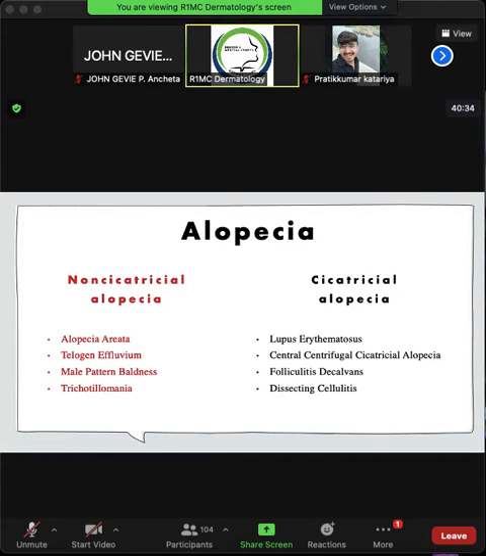So types of your alopecia include your non-cicatricial alopecia and your cicatricial alopecia. However, we will be focusing more on your non-cicatricial alopecia.